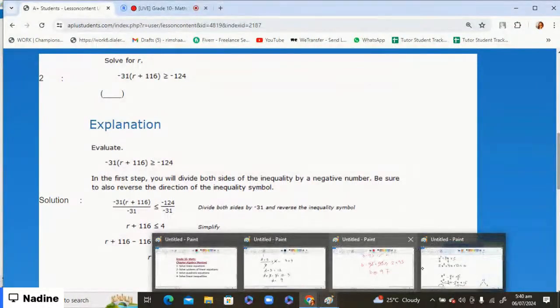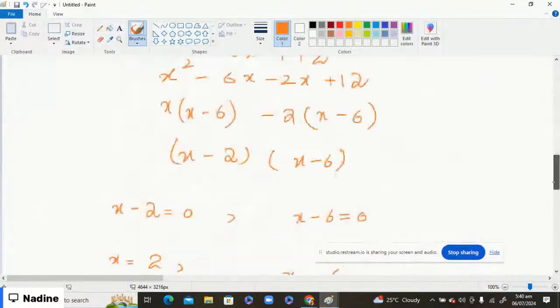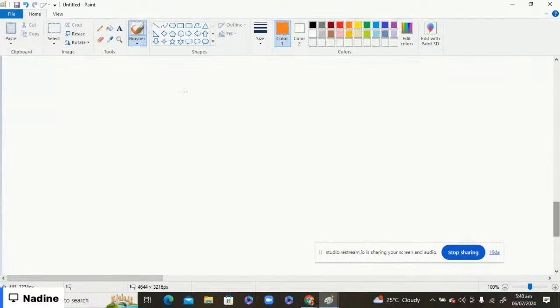Minus 31 into r plus 116 less than or equal to minus 124.